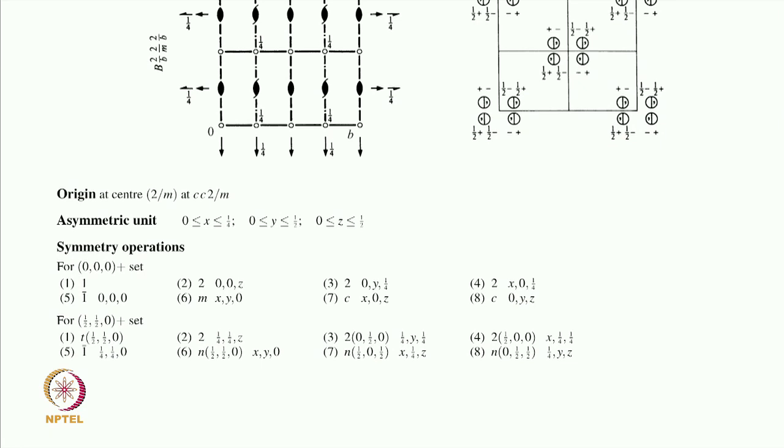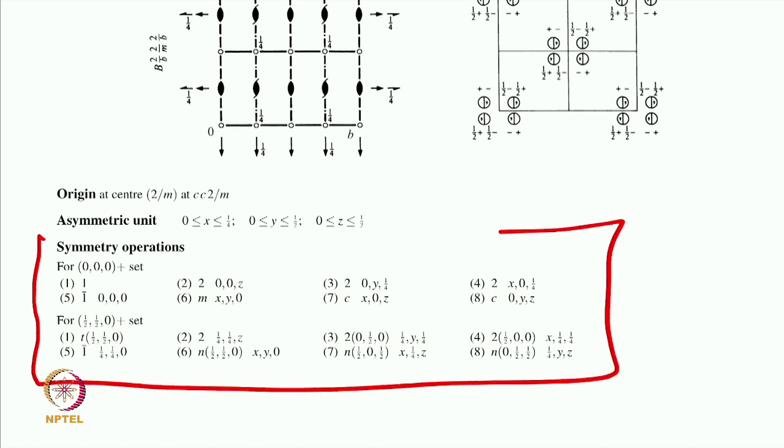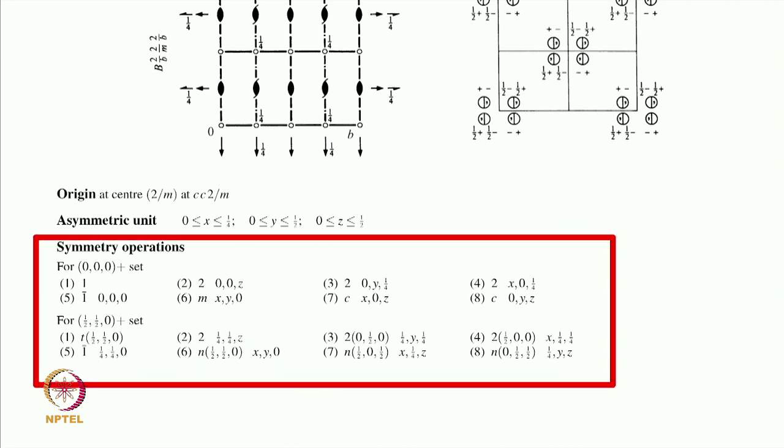and now we will look at this particular block, which is called the symmetry operations. This block has two parts, two sub blocks. One is for the set 0 0 0 and another is for the set half half 0.